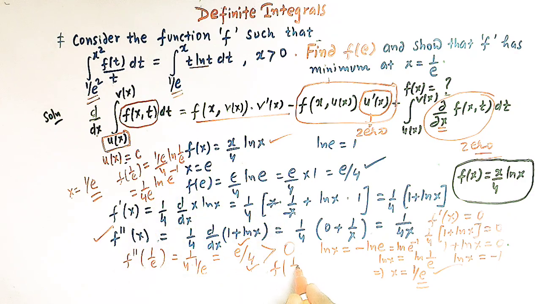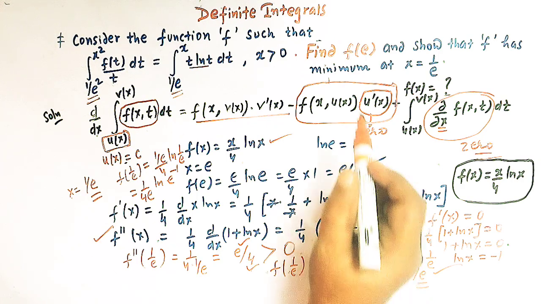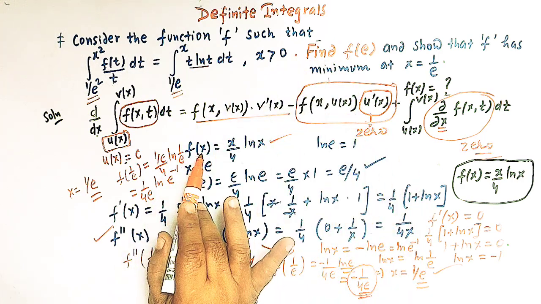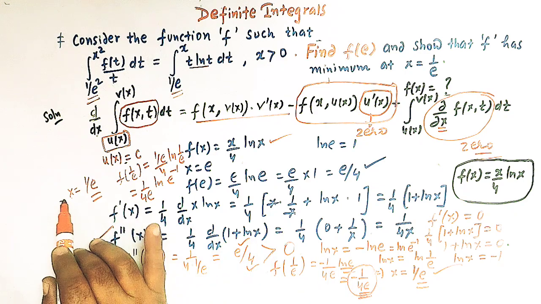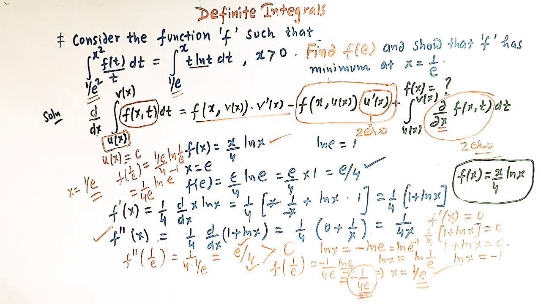So f of 1 over e is equal to minus 1 over 4e, and natural log of e is 1. So this is minus 1 over 4 times e. So this is the minimum value of the function f of x, and the minimum occurs at x is equal to 1 over e. So this is how we can solve this important problem.